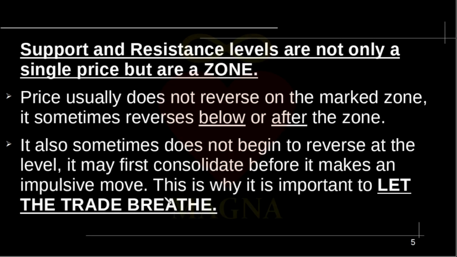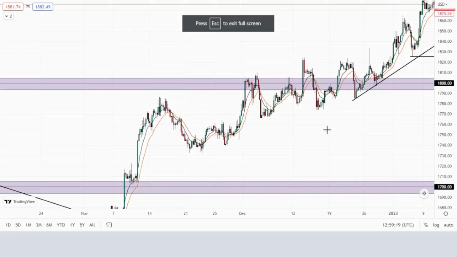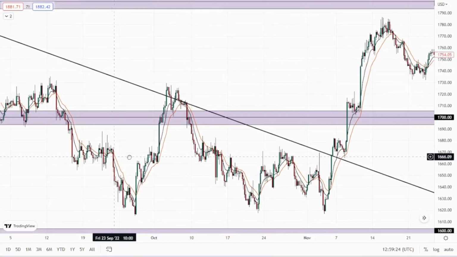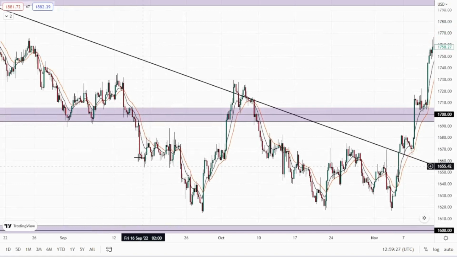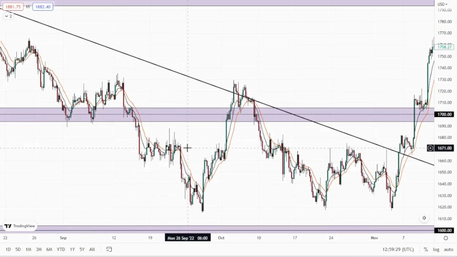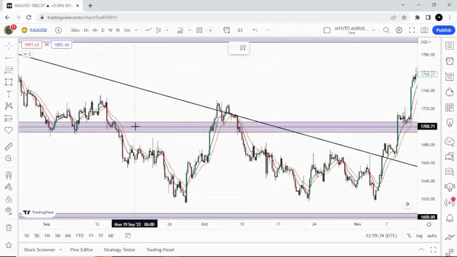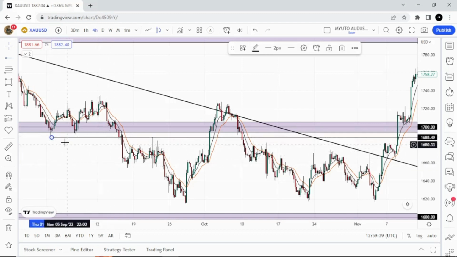Let me give an example of one scenario where price came to a significant level, began to consolidate, and started to make the impulsive move. Okay, here. So as you can see, this significant level, price retraced before breaking this zone.